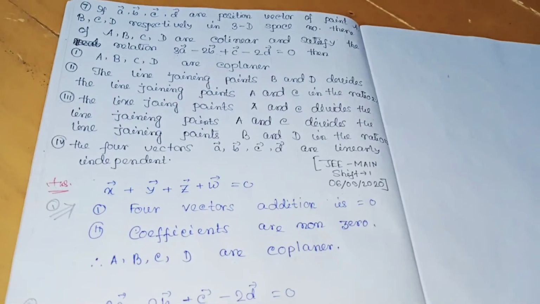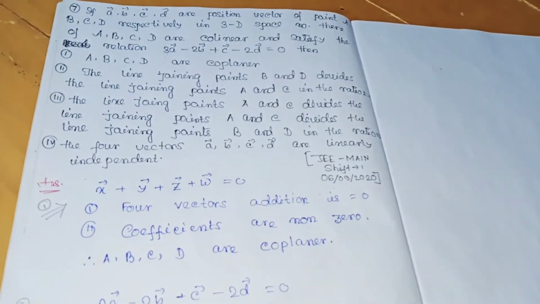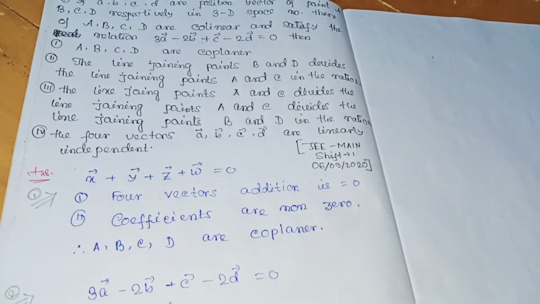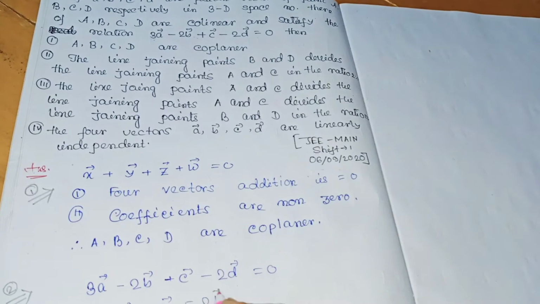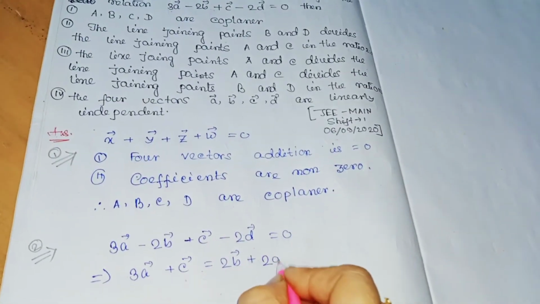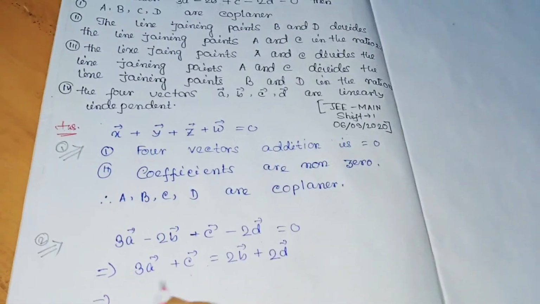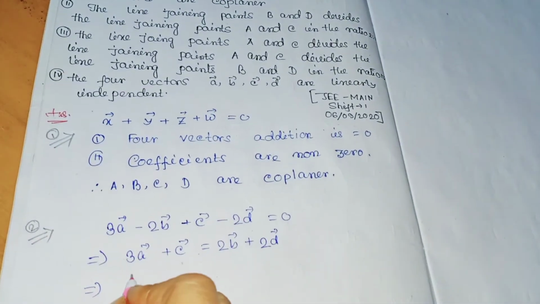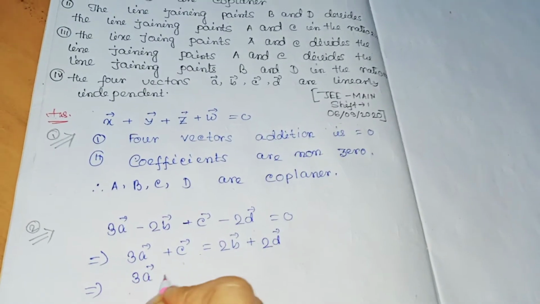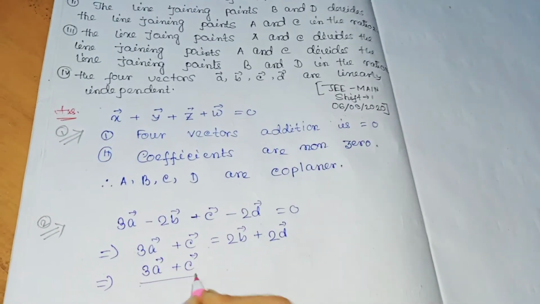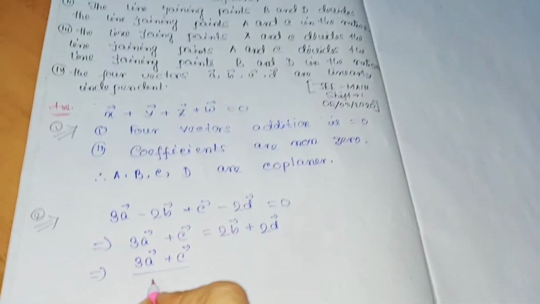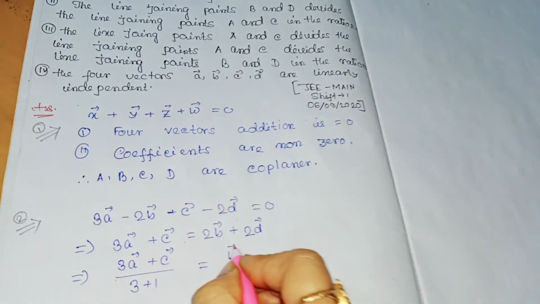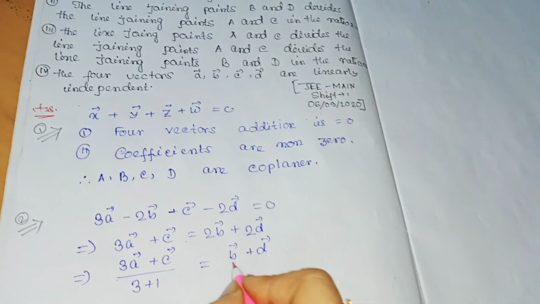So just evaluate this, and we get 3A plus C is equal to 2B plus 2D. So that implies we divide both sides by 4. So it is 3A plus C, and 4 I just write down as 3 plus 1, divided by 4, is B plus D divided by 2.